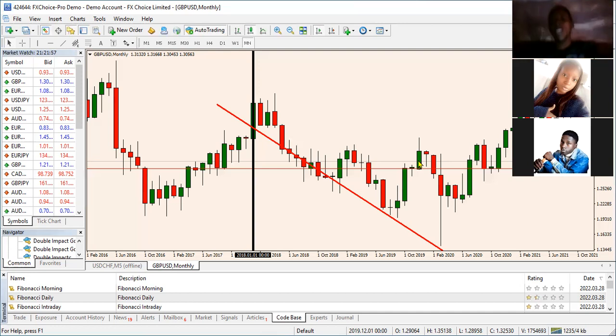He can just sit on his canoe while the water floats him along. But if he's going against the flow of the water, it's going to demand much energy for him to paddle so he can move in the direction he wants to go. And that is why it's advisable we trade in the direction of the trend. It makes it easier for us.